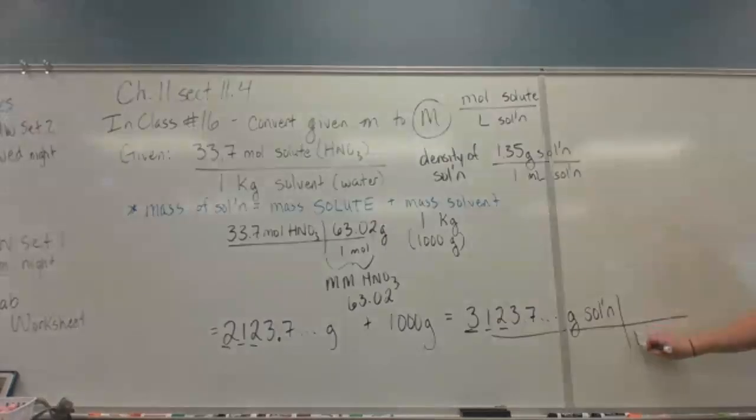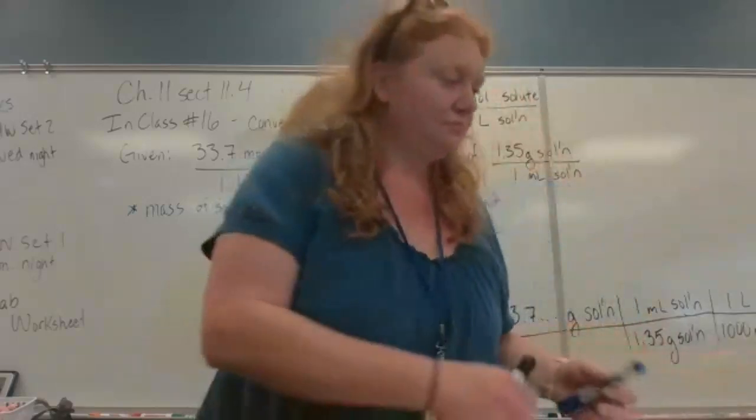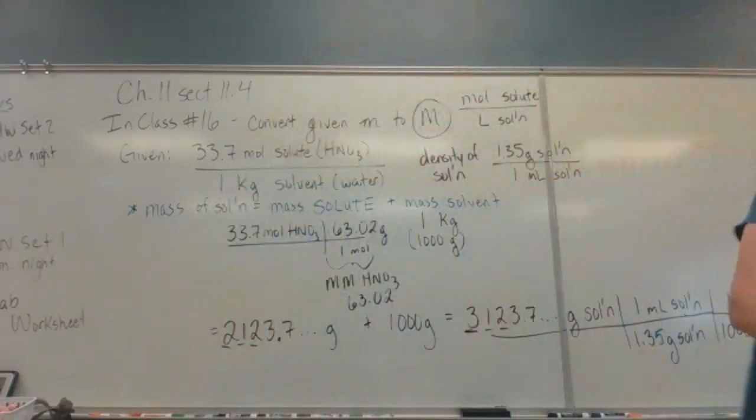What needs to go where? Grams has to go on the bottom so that I end up with volume in the numerator. And I don't want milliliters of solution. I want liters. Okay.